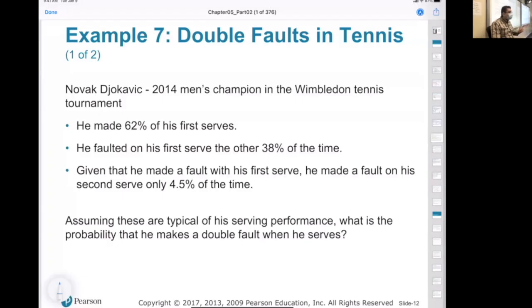Given that he made a fault with his first serve, he made a fault on his second serve only 4.5% of the time. Assuming these are typical of his serving performance, what is the probability that he makes a double fault when he serves?